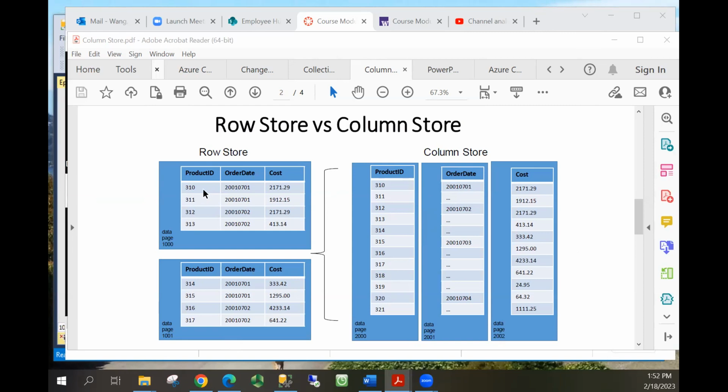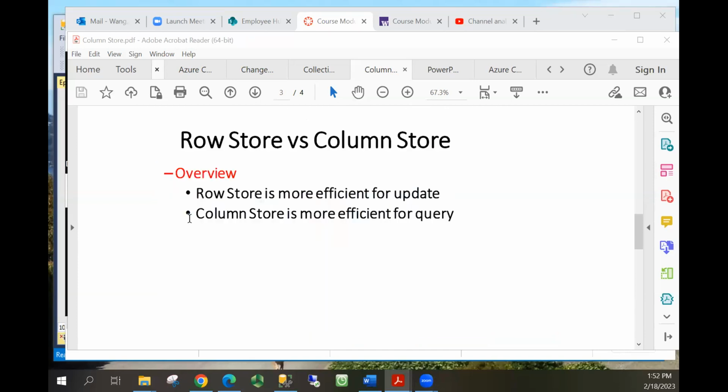Row store is very good for supporting applications such as order processing or customer care, those types of applications, right? So our conclusion is row store is more efficient for update or processing transactions. Column store is more efficient for query or reporting.